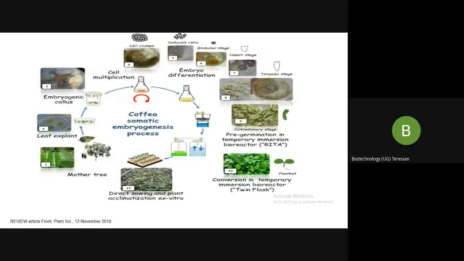And this is from a journal I have taken, showing how they developed coffee somatic embryogenesis. Look at this. This is the mother tree. They've taken the explant, and embryogenic callus is developed. Cell multiplication occurs, that is the progressive division of the cell. Those are the embryogenic clumps. What did I tell you? The embryogenic clumps will be produced before the formation of the embryo.